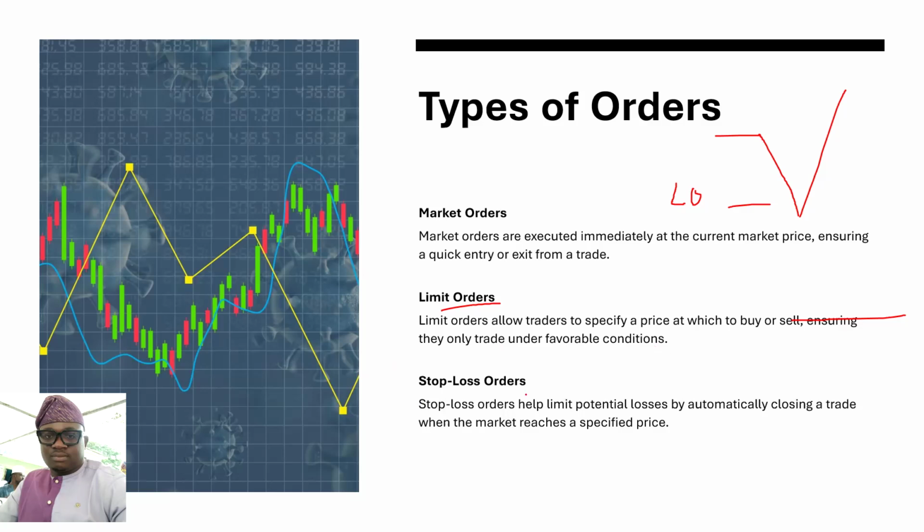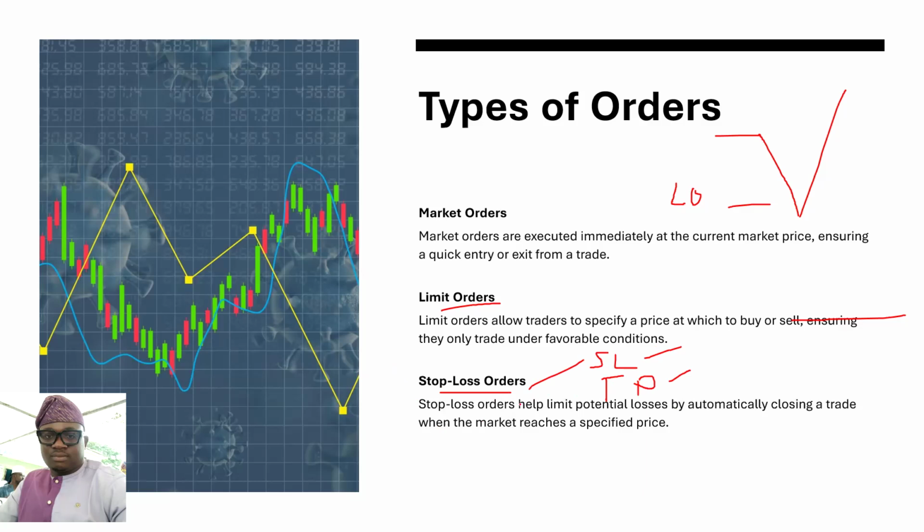So what are stop loss orders? Stop loss orders help limit potential losses by automatically closing the trade when the market reaches a specified level. This one includes SL and TP. This one is stop loss and this one is take profit.